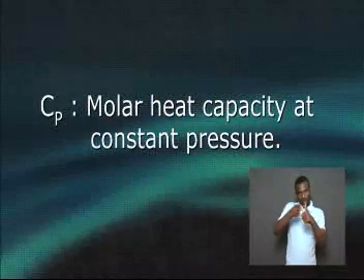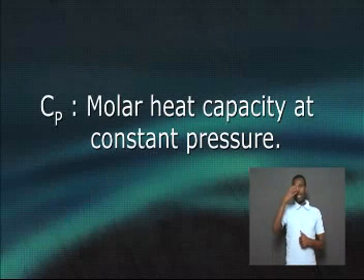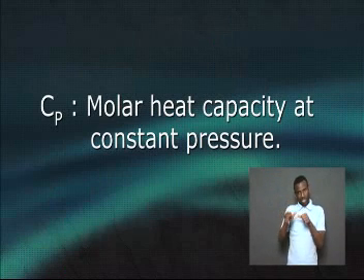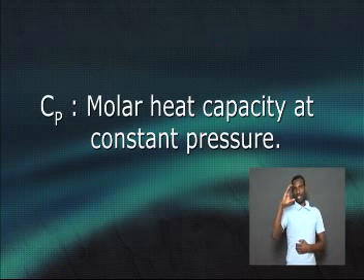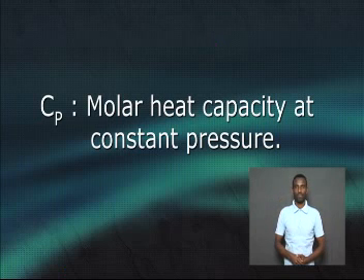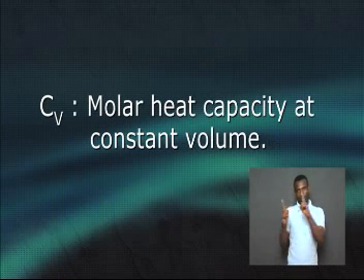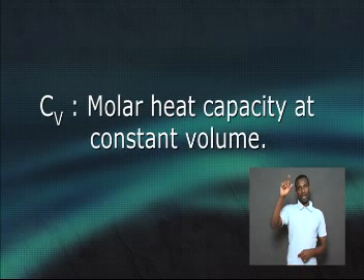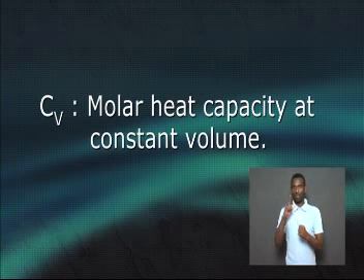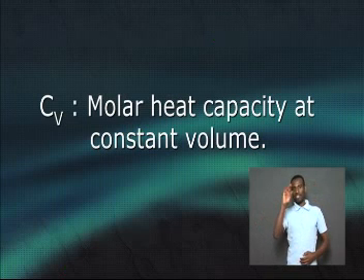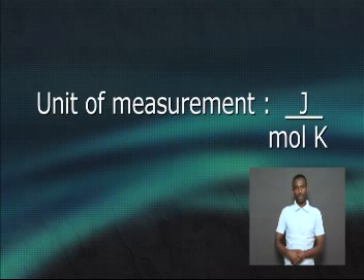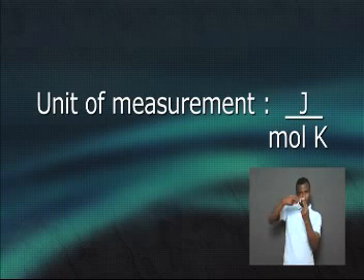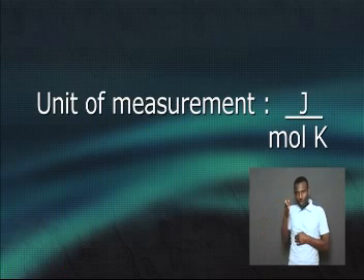The first is the molar heat capacity at constant pressure, which is represented by C sub P. The second is the molar capacity at constant volume, represented by C sub V. Both possess the unit measurement of joules per mole Kelvin.